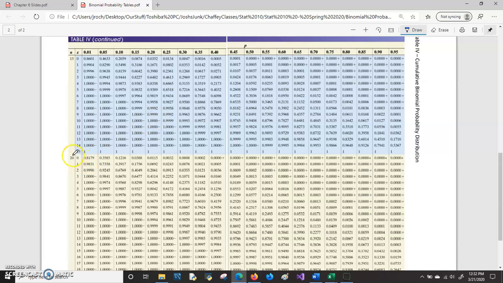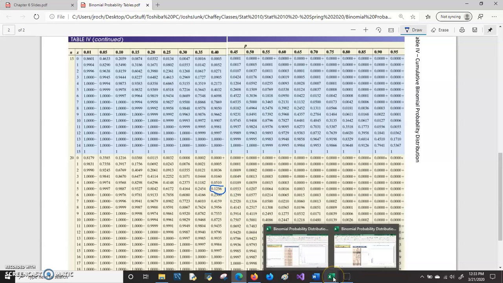I'll go to an n of 20. The x that we want to use is 5, and then the p is still 0.40. So like this. See where they line up, and it looks like it matches what we got with the other ways, 0.1256.